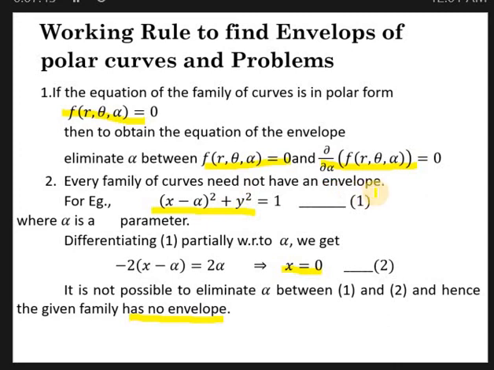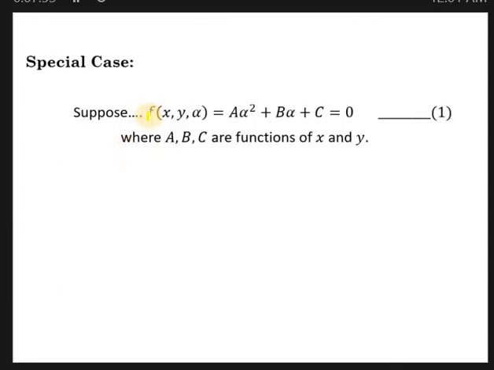Then the special case. Suppose f of x, y, alpha is of the form a alpha square plus b alpha plus c is equal to 0, where a, b, c are functions of x and y. See, it is in the quadratic form, that is a alpha square plus b alpha plus c.